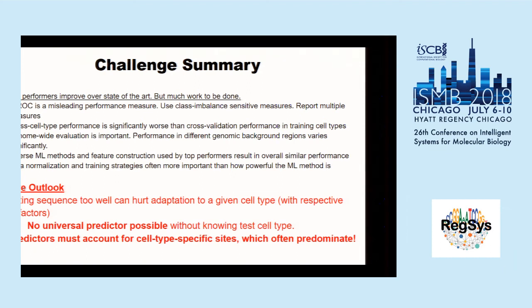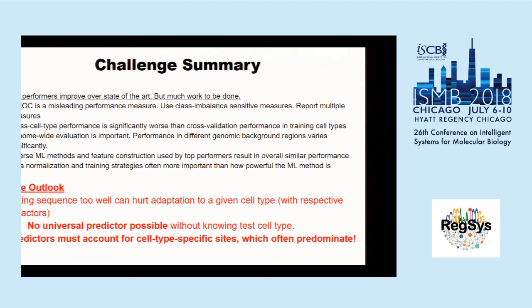So to sum up, top performers do improve over the state of the art quite significantly, but as you saw from the raw numbers, there's a lot of work to be done to bridge the gap to feeding it to an experimentalist for downstream genome-wide validation in an unseen cell type. Performance measures and cross-cell type performance really do matter, as does background set.